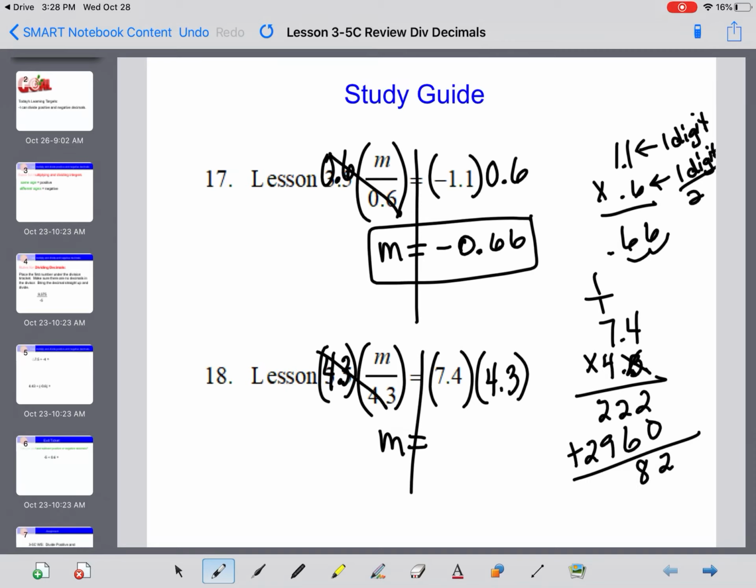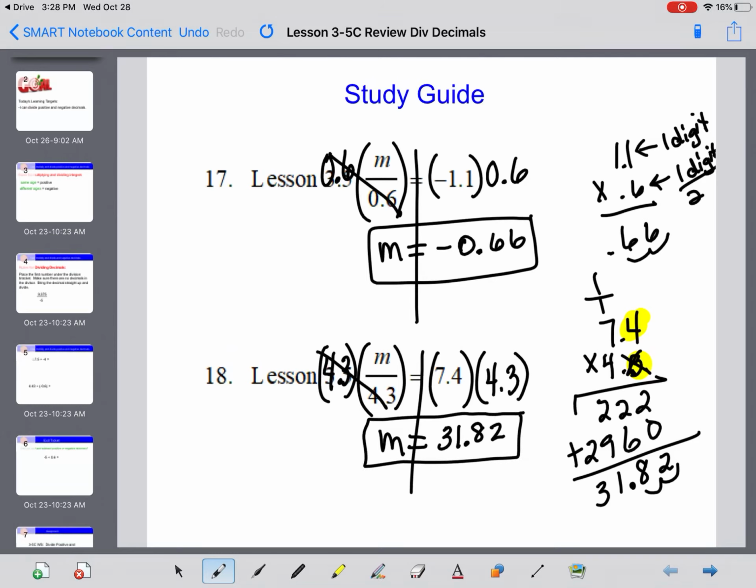Now we're ready to add. Make sure you stack them all neatly. Now, I got 3182, but I need to make sure that I move the decimal place 2 places over because there are 2 digits in the problem following the decimal, and so my answer is 31 82 hundredths.